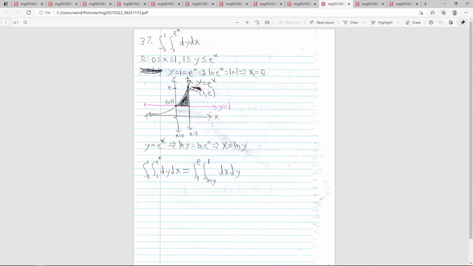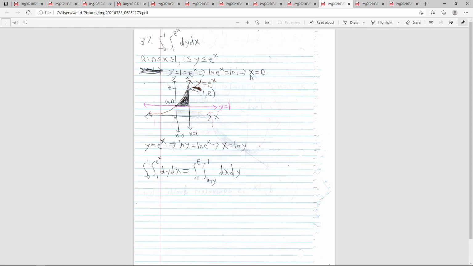Now the equivalent one. 0 to 1, 1 to e^x, and dy dx. So 0 is less than or equal to x, less than or equal to 1, 1 less than or equal to y, less than or equal to e to the x. So y equals 1 is equal to e to the x to find an intersection. ln e to the x equals ln 1, so x equals 0.